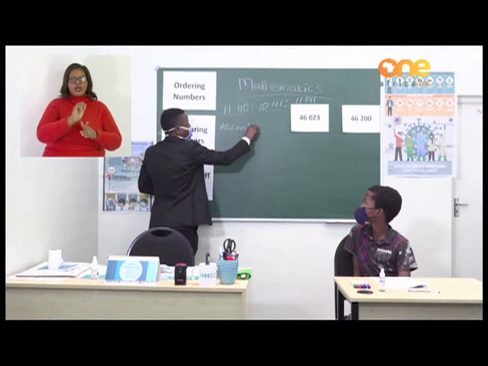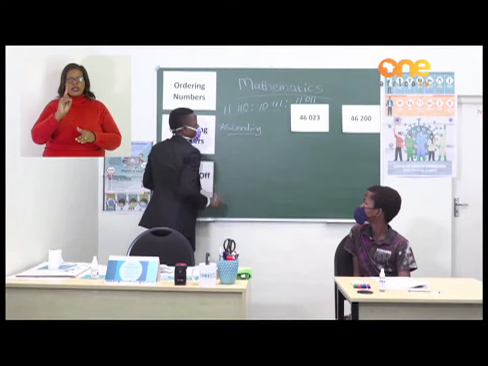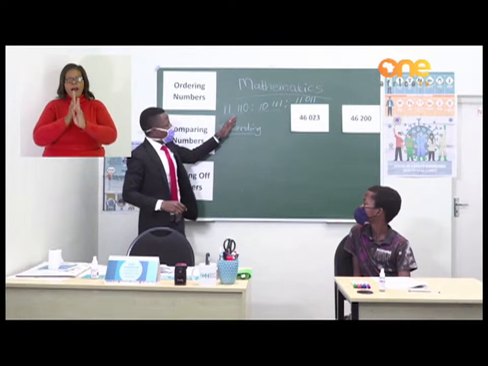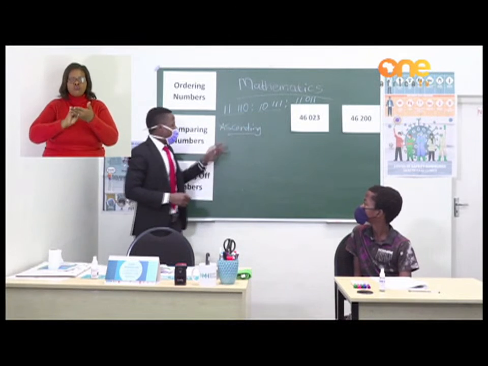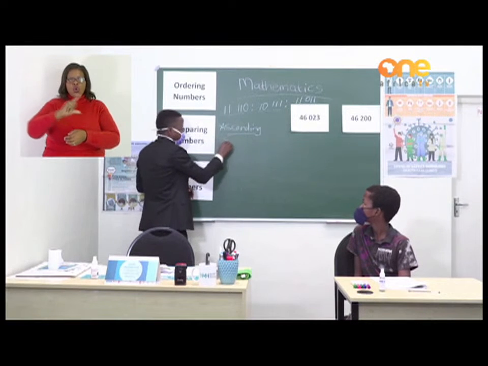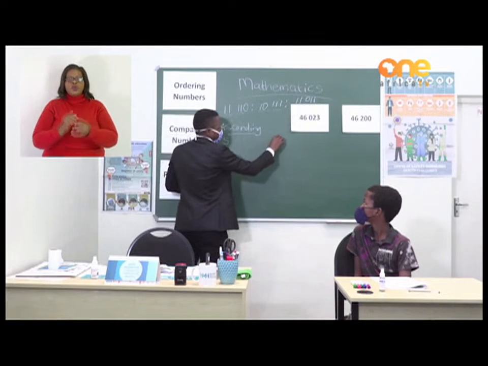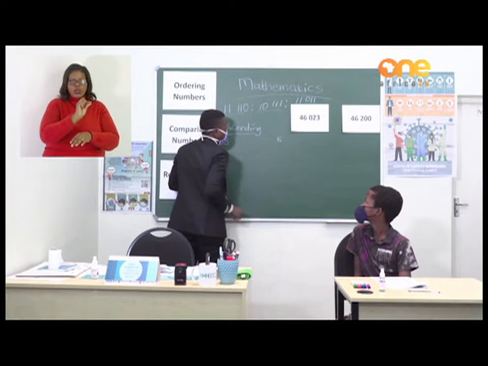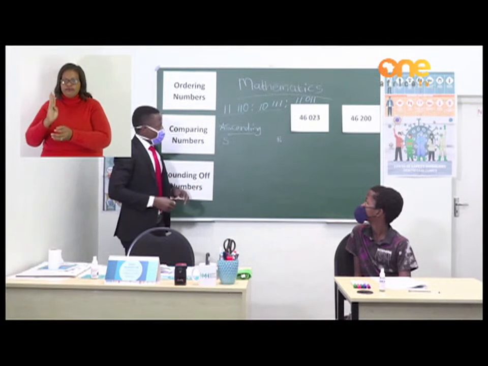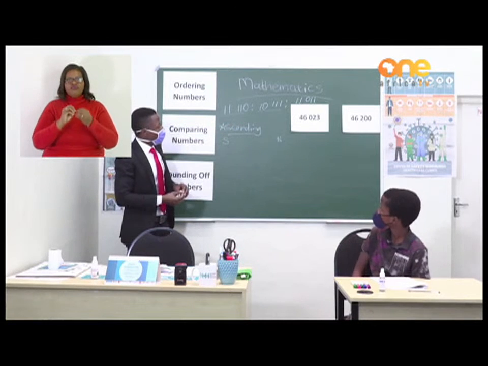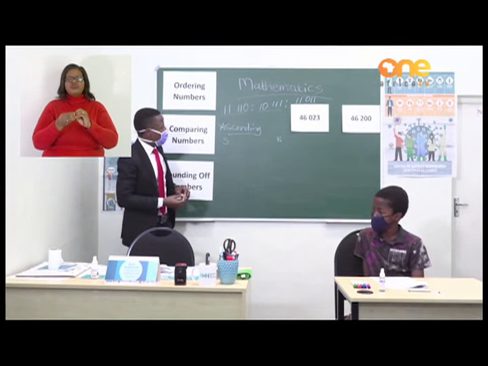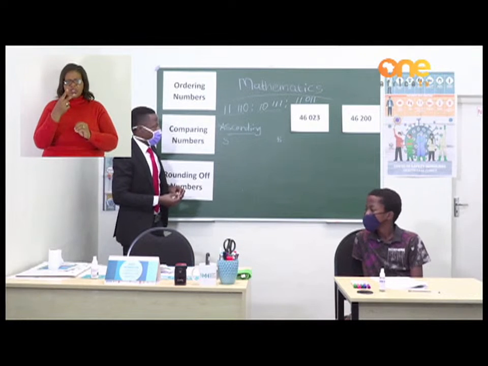Ascending order. If I have to arrange these numbers in ascending order, I must first start with the smallest number and I must end with the biggest number. So, look at the 3 numbers. Which number could you consider to be the smallest number?